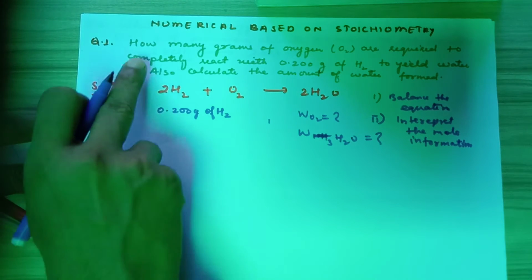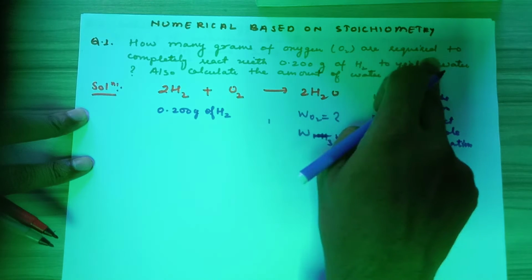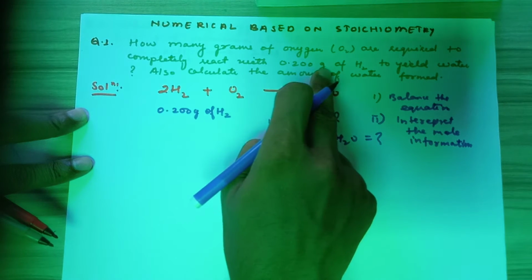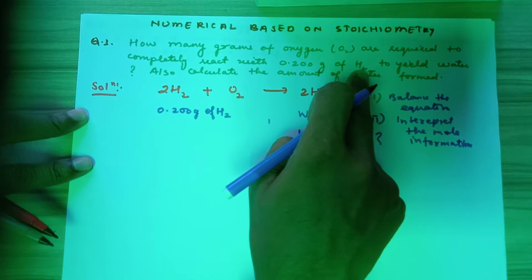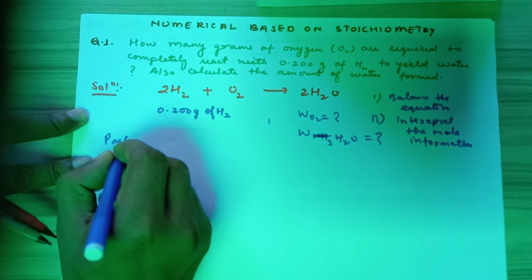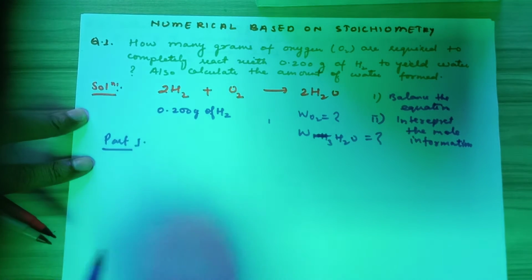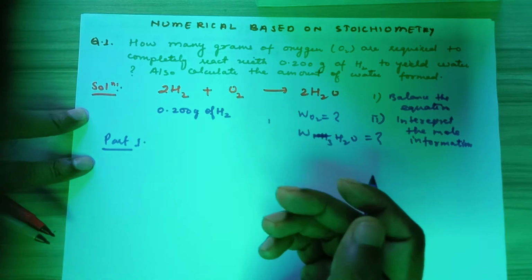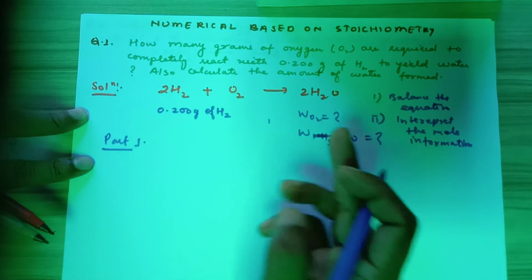So read the question. How many grams of oxygen are required to completely react with 0.200 gram of H2? So let's deal with the first part. Part 1, we have to find the number of grams of oxygen, that is WO2.